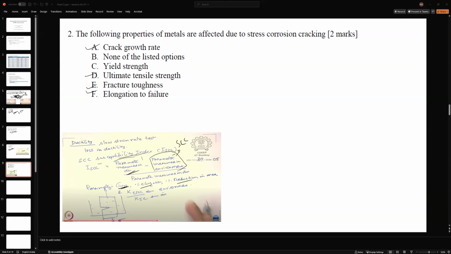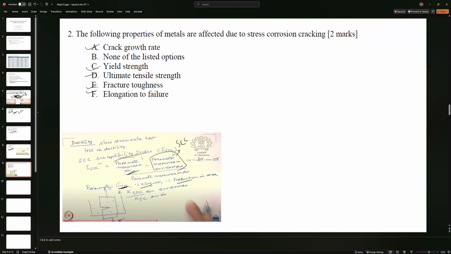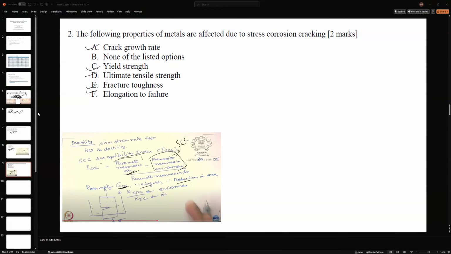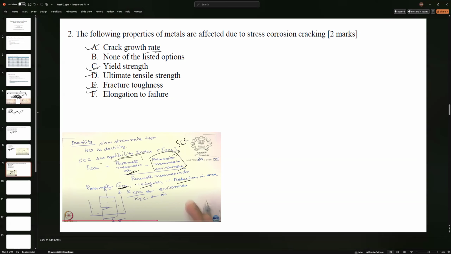What about the yield strength? Whether it will be affected or not? It will be also. Yes. Crack growth, so it is the main mechanism for SCC, right?